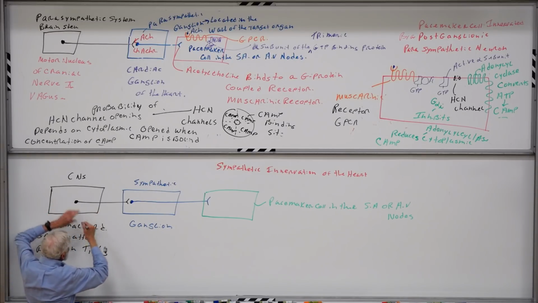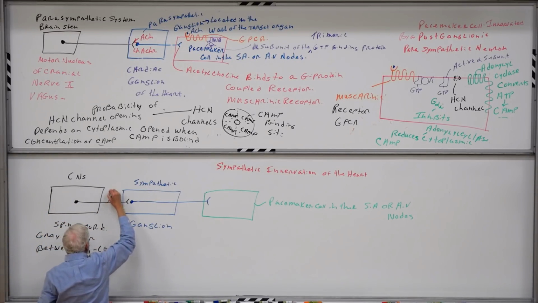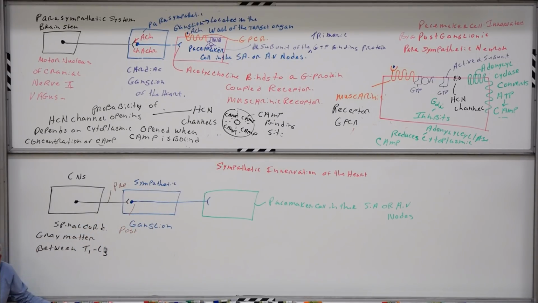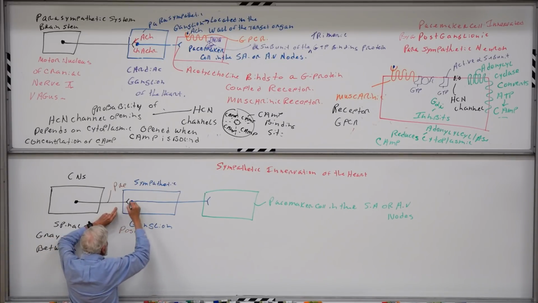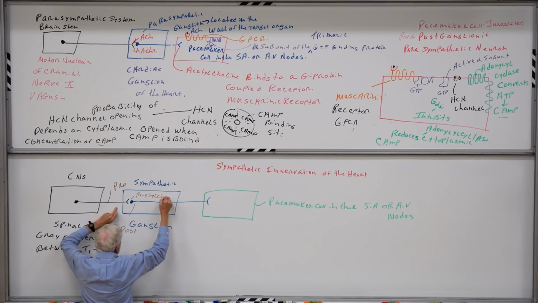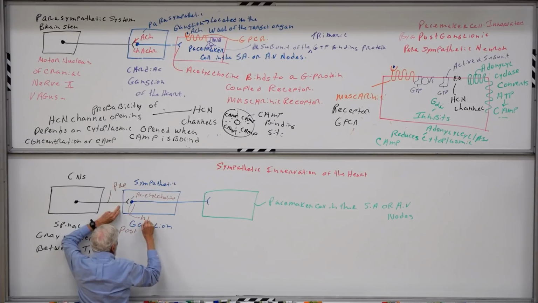Remember that everything between pre and post is the same, regardless of whether we're talking about the sympathetic or parasympathetic systems. That is to say, pre to post here releases acetylcholine. The acetylcholine binds to nicotinic acetylcholine receptors.